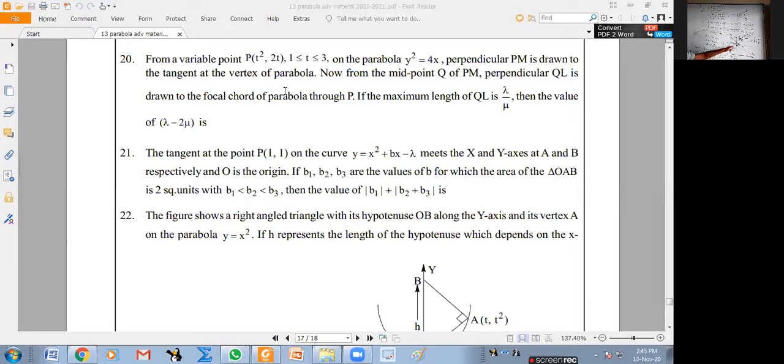Is this 90? First of all, the image of the focus with respect to any tangent lies on the directrix. No, this is not 90. Or is it? When you draw tangents at the ends of a focal chord, they meet on the directrix, and that is 90. Oh, not this point.